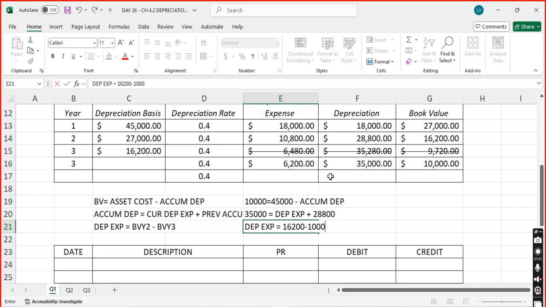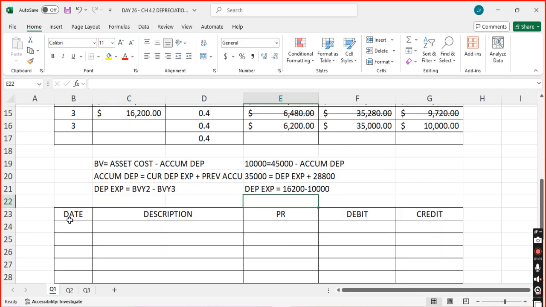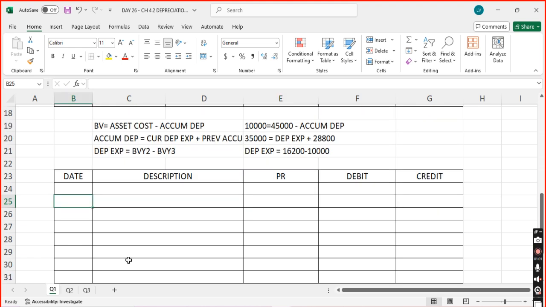Okay, so now let's go ahead and do our adjustment entries, assuming that you're doing your adjustment entries at the end of the year, December 31st. So how should my adjustment entries look like?